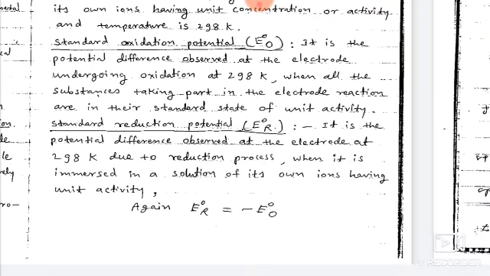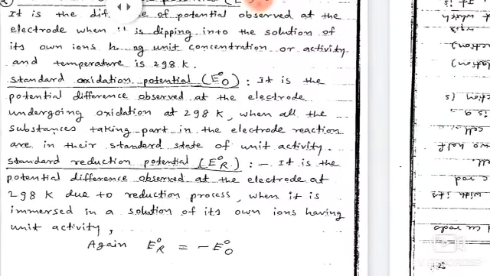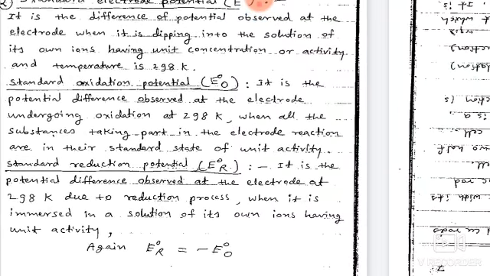So again E naught R is equal to minus E naught O. So this is the standard oxidation potential, standard reduction potential and standard electrode potential.